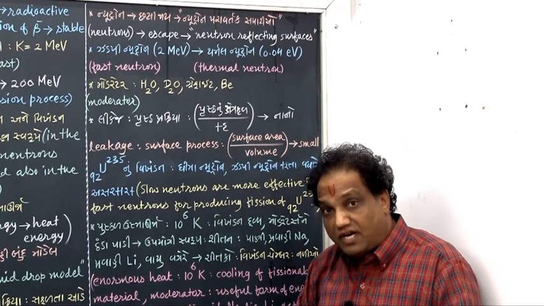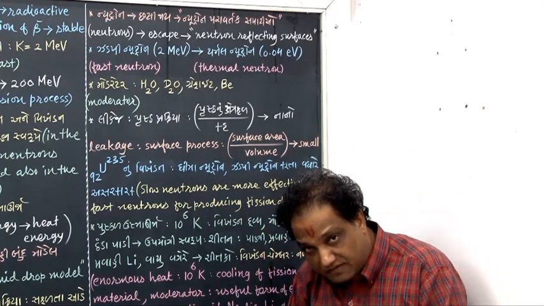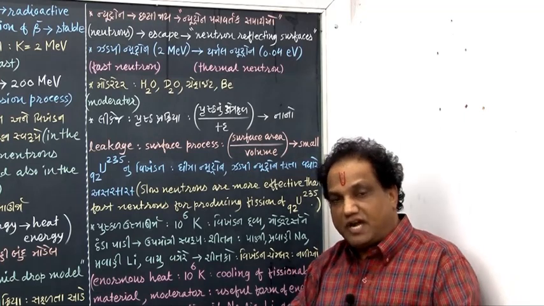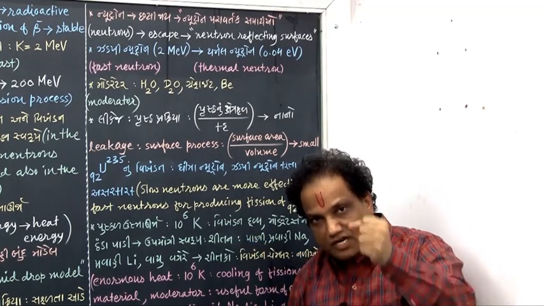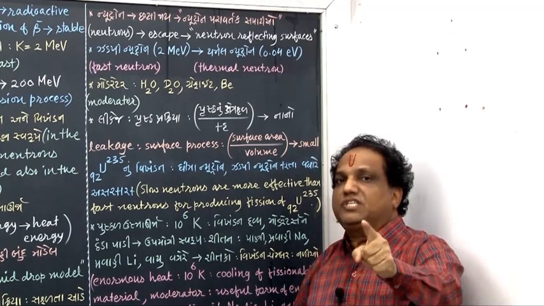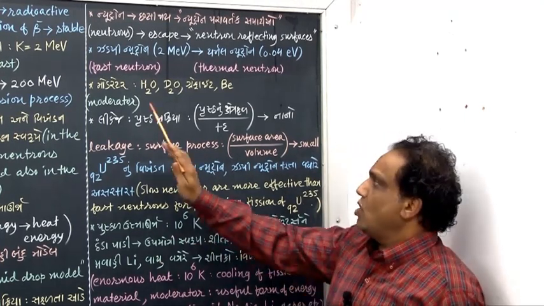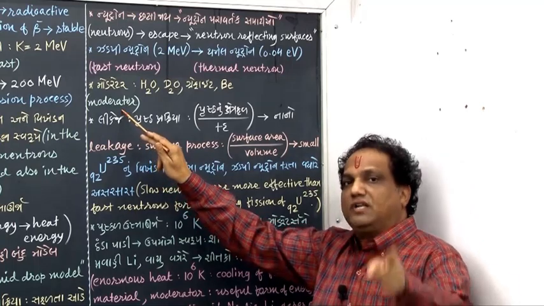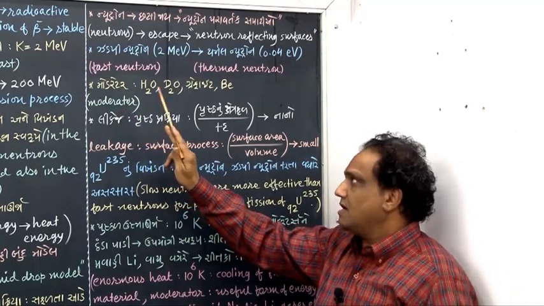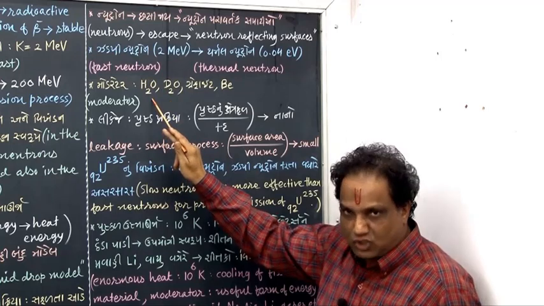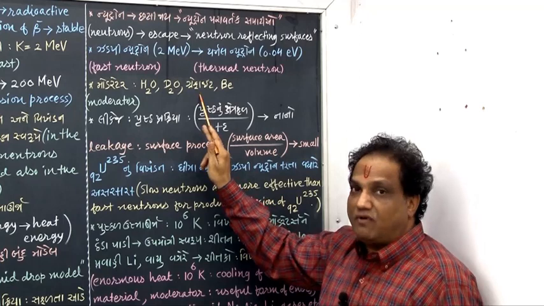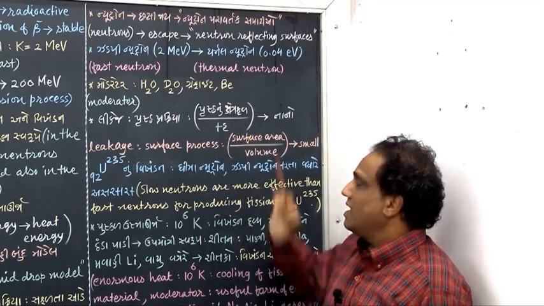For that we need to decrease their speed, and for that we use specific materials which can control their speed. Such substances are called moderators. Moderators are prepared from materials such as simple water, that is H2O, heavy water, that is D2O, carbon in the form of graphite, and beryllium.